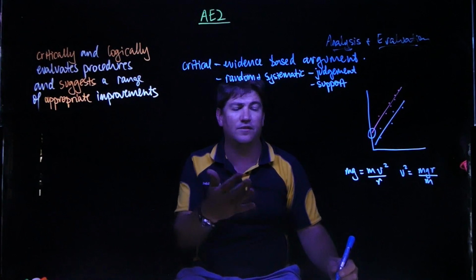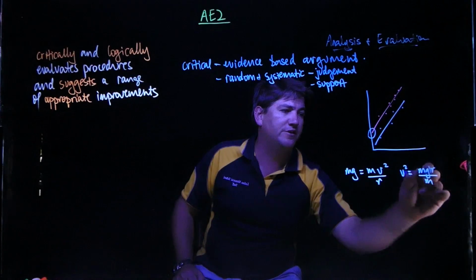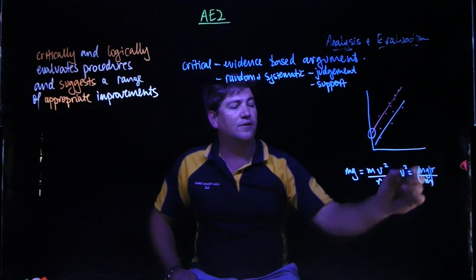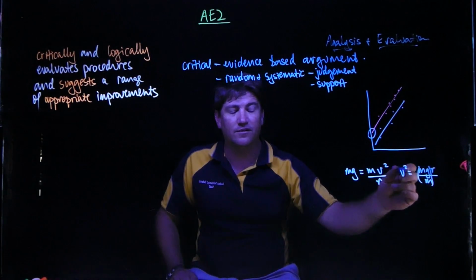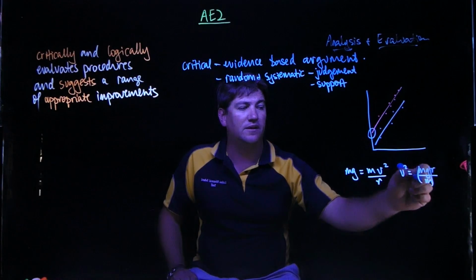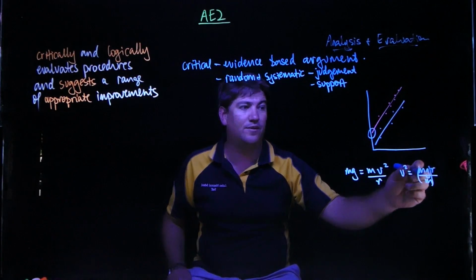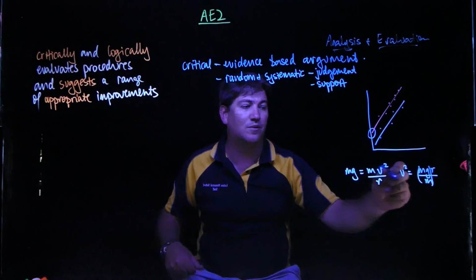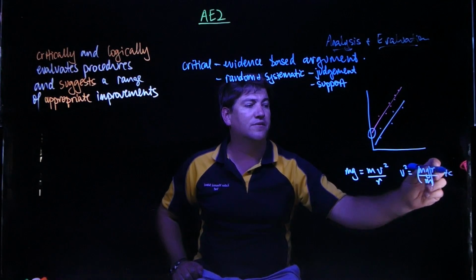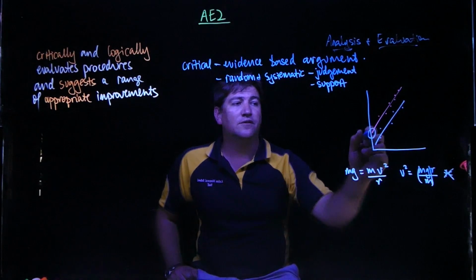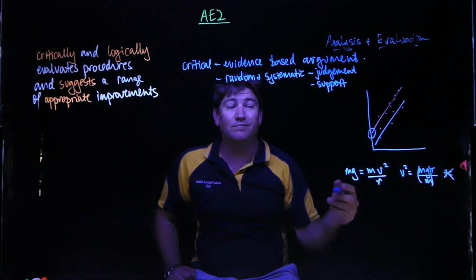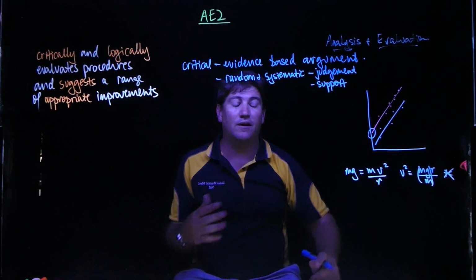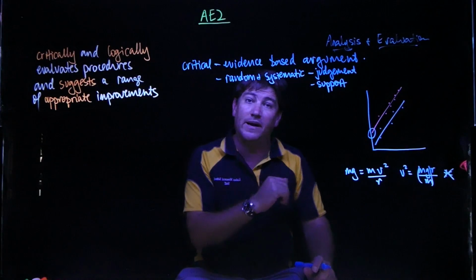So you end up with some sort of relationship, and you might have been changing the radius, so your m, I guess the slope, is actually that part there in the brackets. There's an r, that's your x term. V squared is on the y-axis, that's the y part. But there's no plus c, that doesn't exist. So it should go through the origin. It won't all the time. All right, that would be evidence of systematic error.